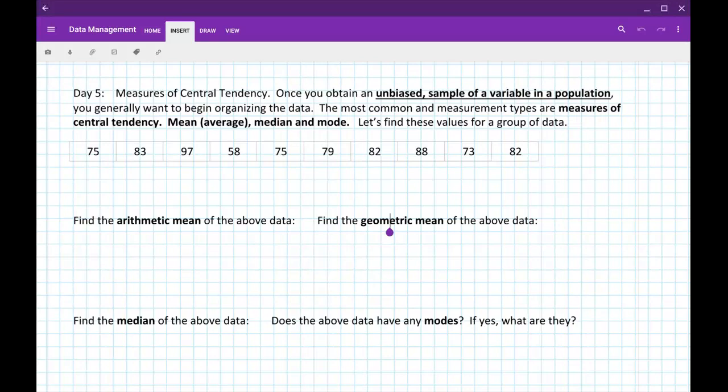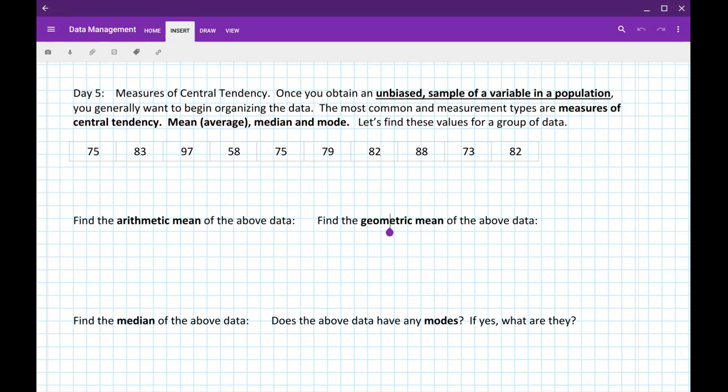All right, so we're looking at day 5, measures of central tendency. Once you obtain an unbiased sample of a variable in a population, which we talked about previously, you generally want to begin organizing the data.